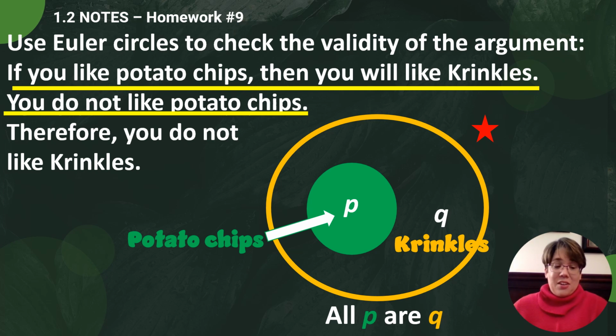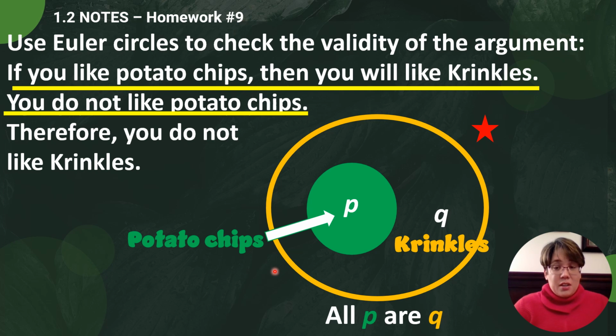So let's think about that. If you live way out here and you don't like potato chips, let's see if this is valid. Therefore, you do not like crinkles. Do you not like crinkles? That's right, you don't like crinkles. So I would say that's valid.